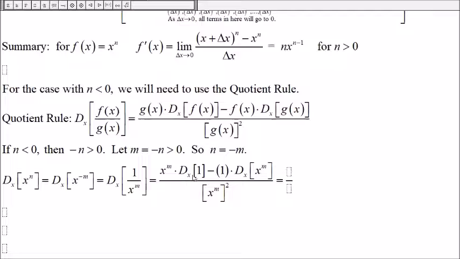And this is the derivative of the constant 1, and the derivative of a constant is 0. And so 0 times x to the m is going to be 0. And this is 1 times the derivative of x to the m. M is positive, but for a positive exponent, we just got this formula right here. And so the derivative of x to the m, where m is positive, is going to be m times x to the m minus 1.